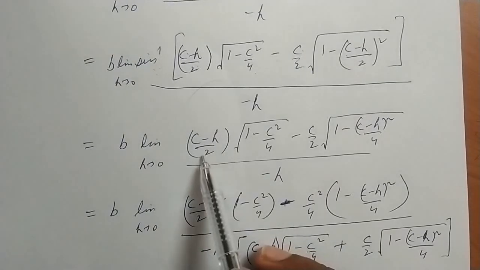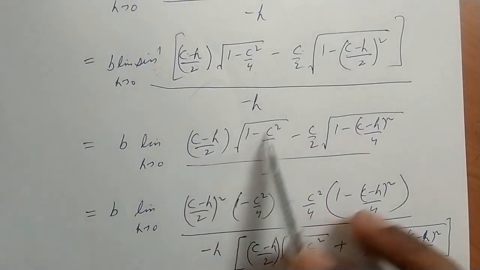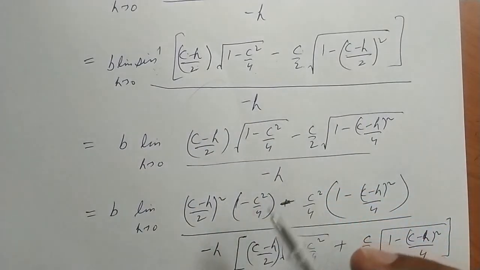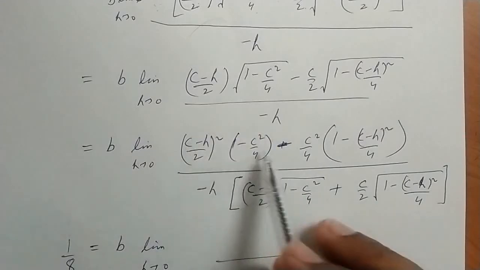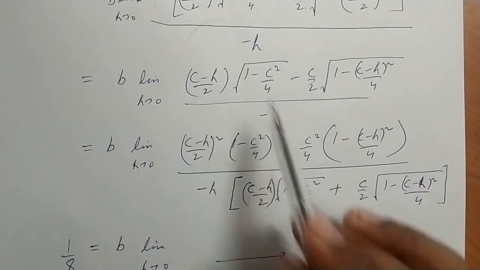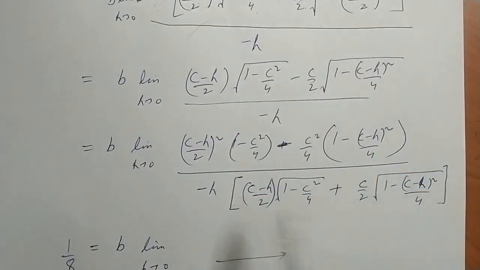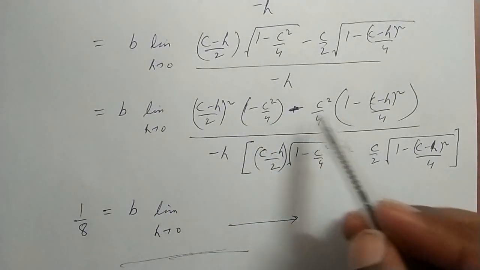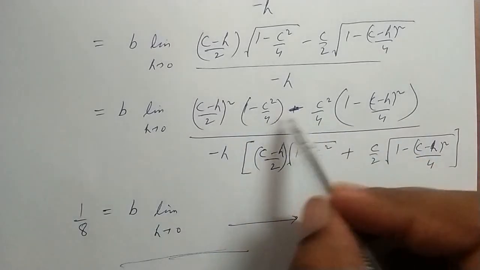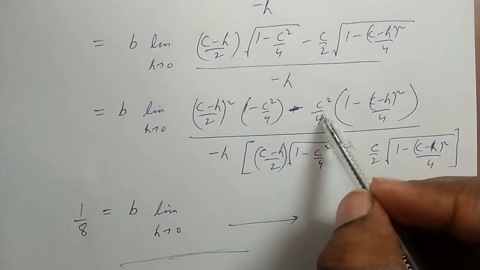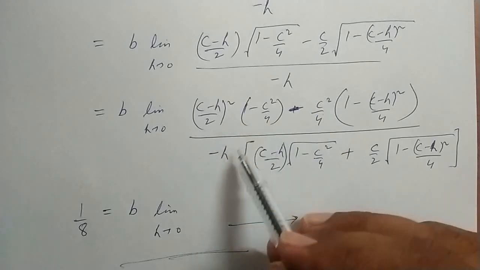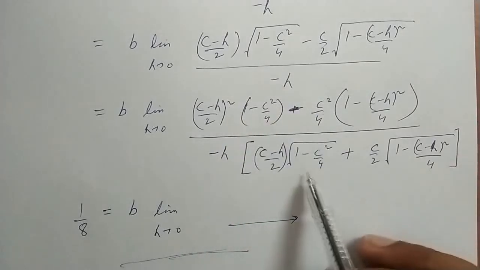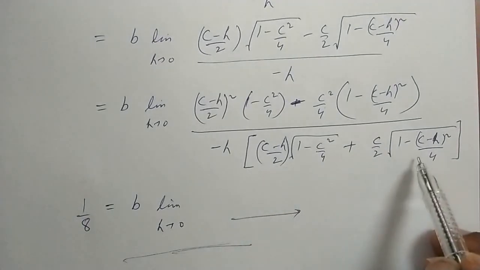And to find the limit, we can rationalize this: a minus b multiplied by a plus b in the numerator and denominator. So this would become this square minus that square upon this plus this in the denominator. In the numerator, once you simplify this, take c square by 4 common, you should be able to cancel out h from the denominator, and this when h tends to 0 is a determinate form.